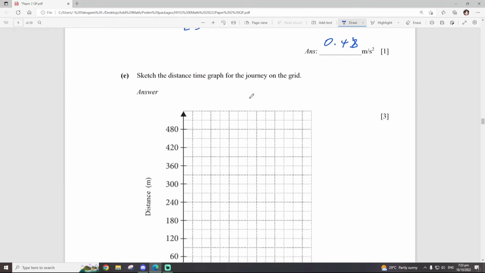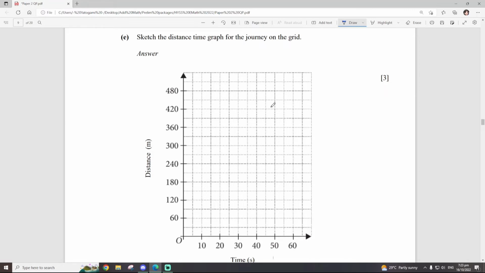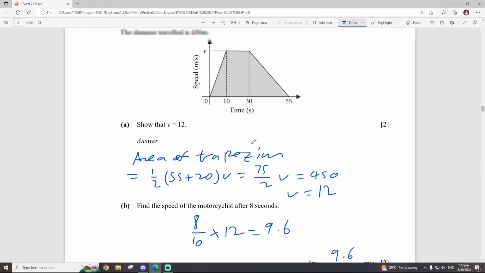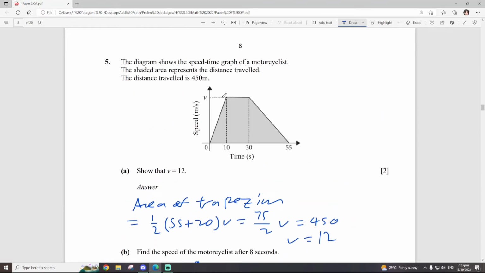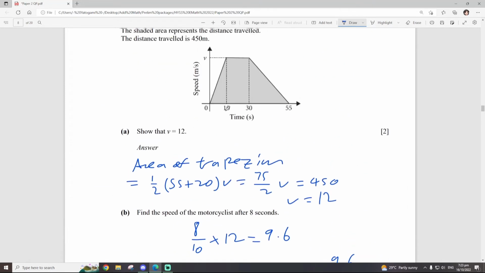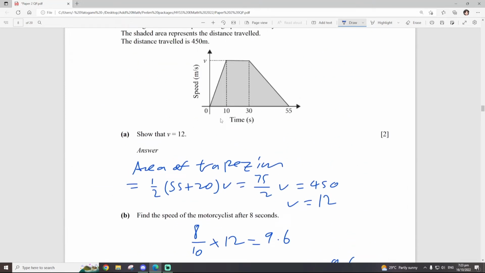Okay, sketch the distance time graph. As per usual, when the speed is increasing, we'll have a curve. Let's just write down the distance traveled for each part. The distance traveled for here will be 10, I don't think you need to show too much working, so if you get it done in your head, that's fine.